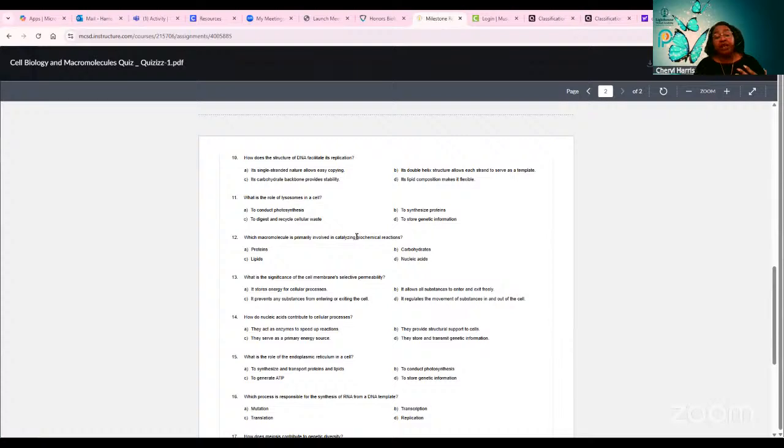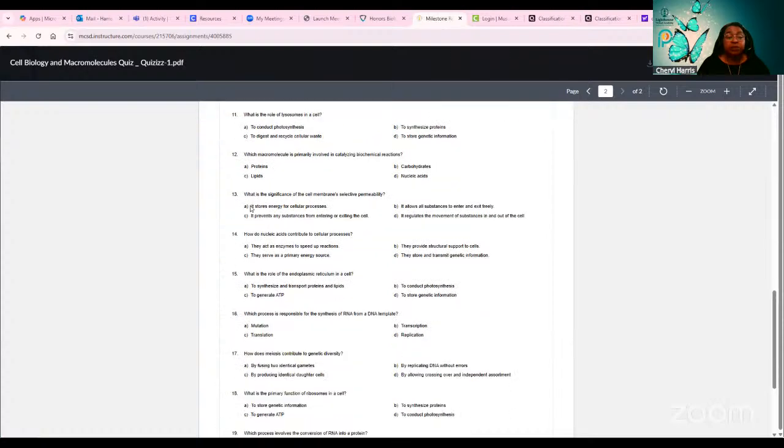There are different types of proteins. Enzymes are a protein. Hormones are proteins, enzymes are proteins. Amino acids make proteins, but the macromolecule that makes enzymes is proteins. Okay, so 12 is A, proteins. What is the significance of the cell membrane's selective permeability?